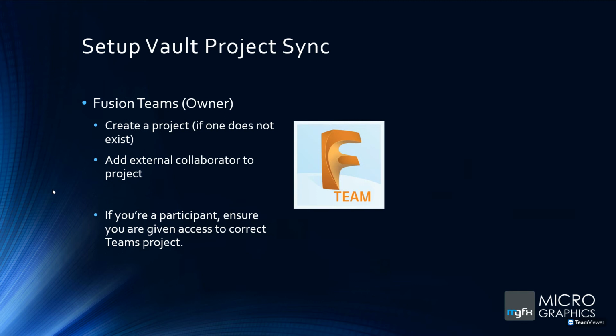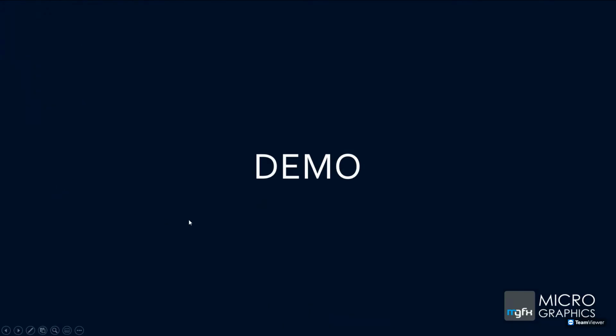If you're a participant, if you're receiving information, then you need to essentially ensure that you're given access to the correct team's project. So the company you're doing the work for will add you to that project, and you just need to make sure that you have the correct level of access to that project. And of course, that team's participant license to make sure that you can connect.